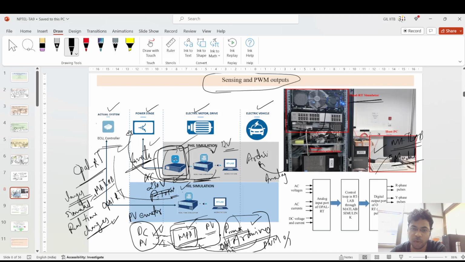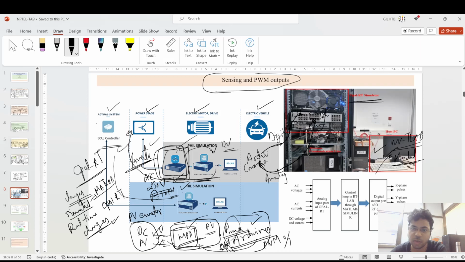Suppose you have an Arduino which takes the analog signal and gives the digital output, and the controller is inside this Arduino board. You run this model in MATLAB, take the analog signal from the IO ports, feed it directly to the Arduino board, and take the digital output and feed it to these channels.